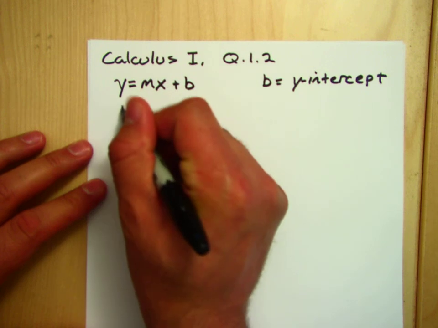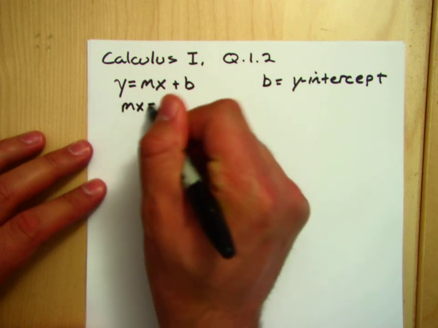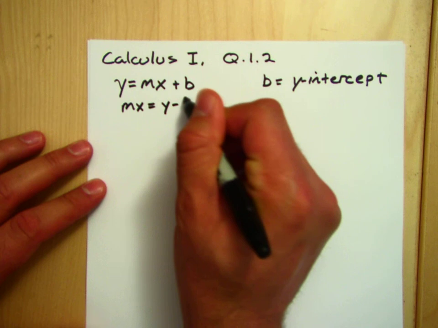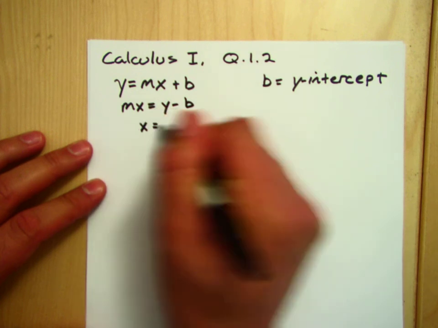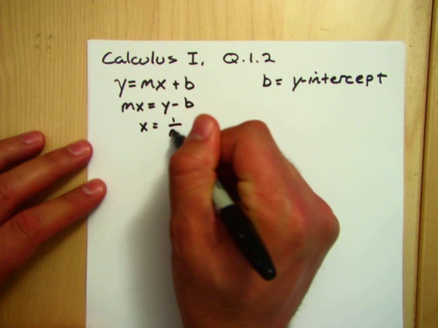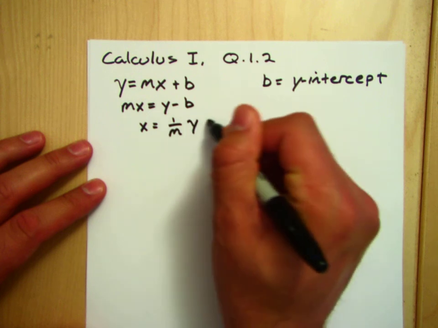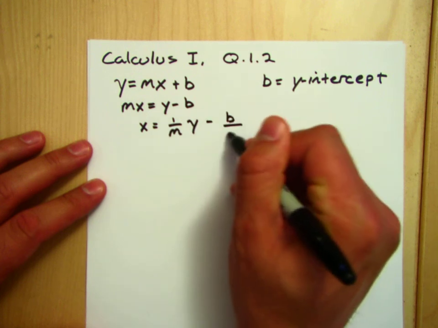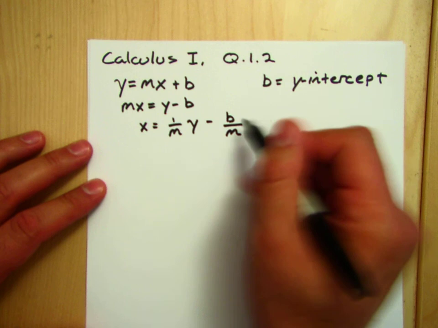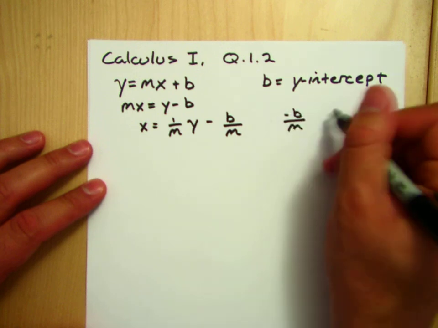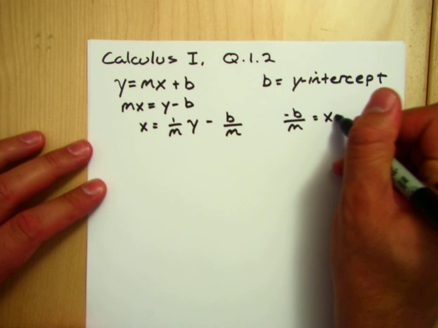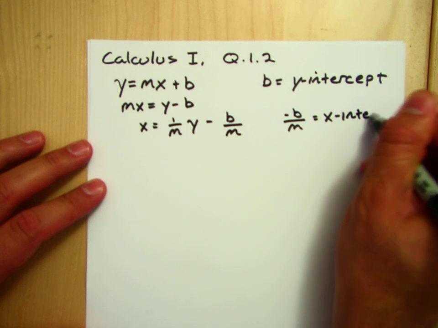So if we do that here, we get mx is equal to y minus b, and then x is equal to 1 over m times y minus b over m. And this minus b over m is the x-intercept.